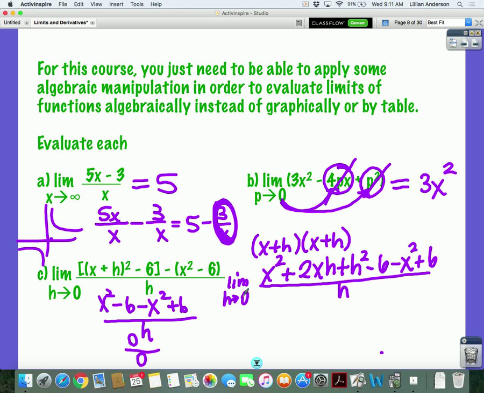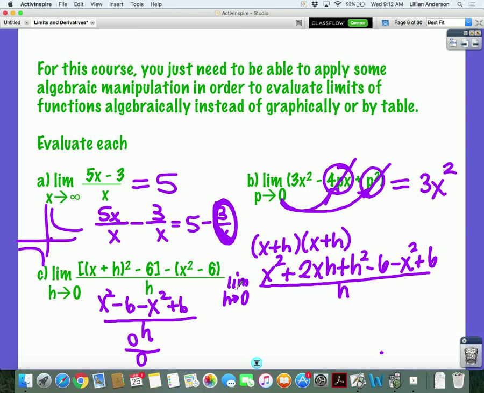A lot of students, you may be asked to do something like this on the IB exam, and if you don't include that notation out front, this limit part, then you're going to get it wrong. Every step. All right. If you ever have to show something, make sure you include it for every single step. Okay.